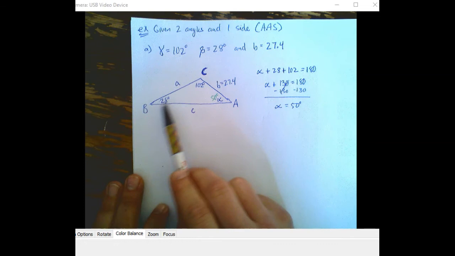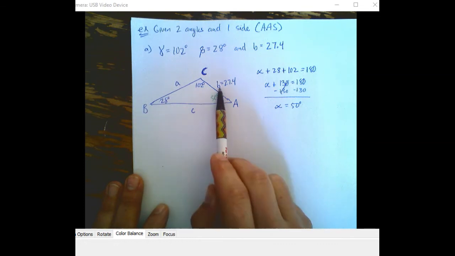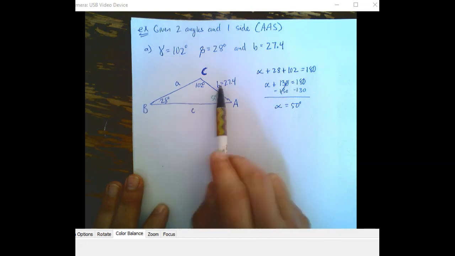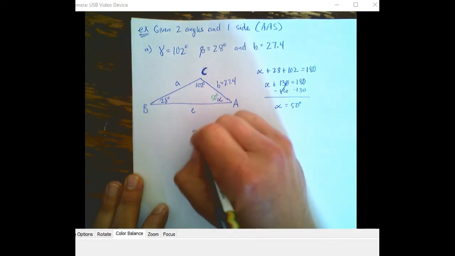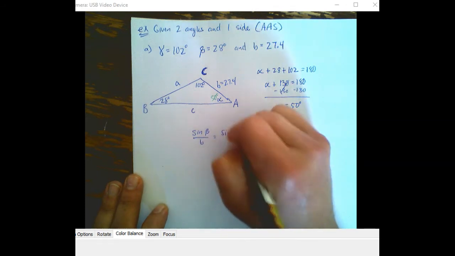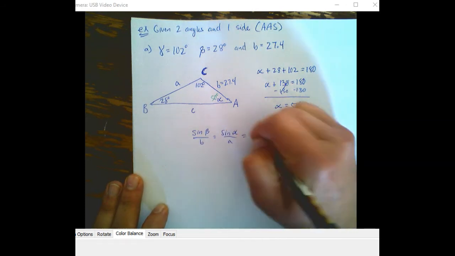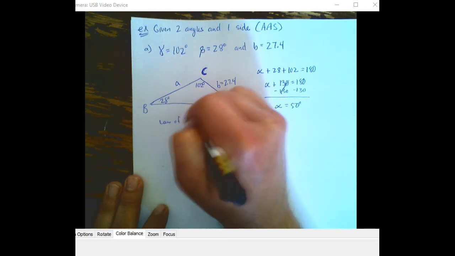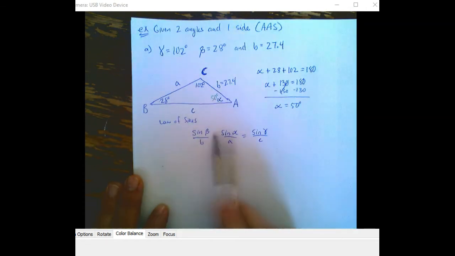In this case, we have angle beta, which is 28, and the opposite side, which is 27.4 here. Because we have that, and we know that the sine of beta over b equals the sine of alpha over a equals the sine of gamma over c, this is our law of sines, what we can do is just pick out some ratios and solve them.